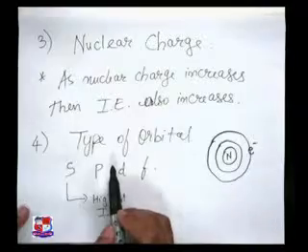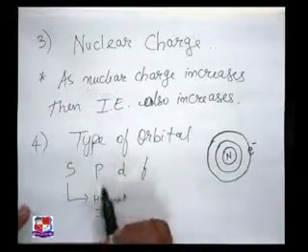The fourth factor is the type of orbital, that is S, P, D and F.